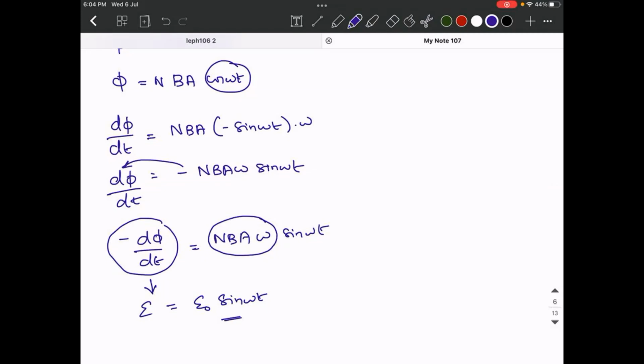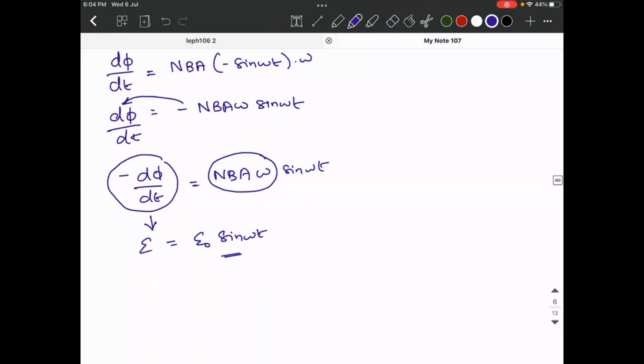So E will be equal to E naught into sine of omega t, where this E is called the instantaneous EMF, and E naught is called the peak value of EMF, and sine omega t is the function according to which the EMF is changing. Is it clear?